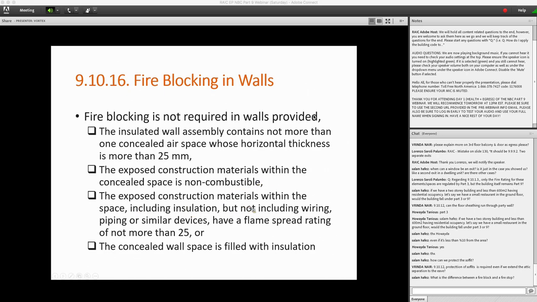The exposed construction material within the space, including insulation, but not including wiring, piping, or similar devices, has a flame spread rating of no more than 25. With a flame spread rating of no more than 25, there is basically no way of fire spreading through the material because the flame spread rating is that low. And the concealed wall space is filled with insulation. So these are the waivers for not fire blocking the wall assembly.